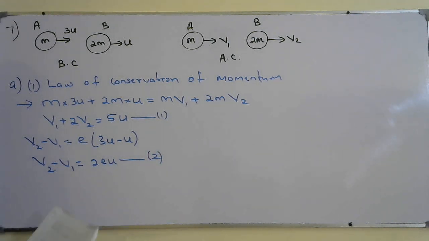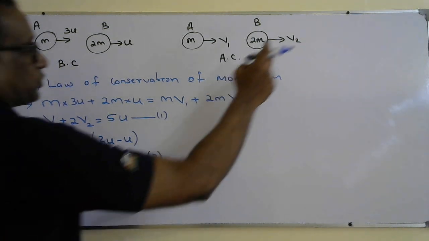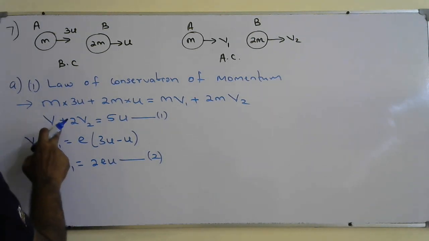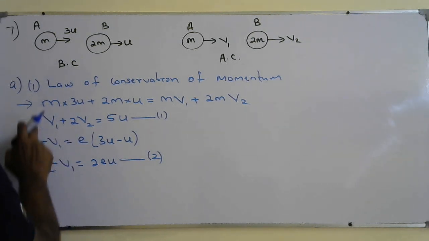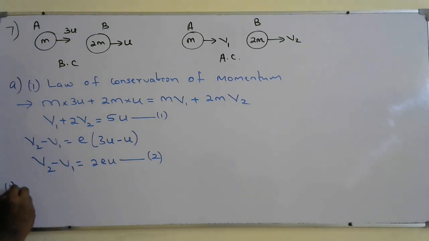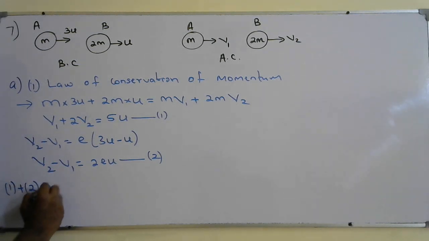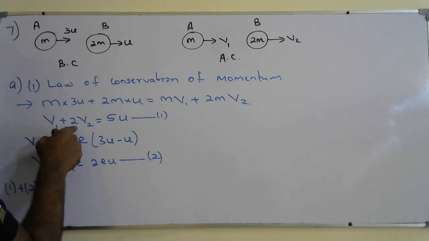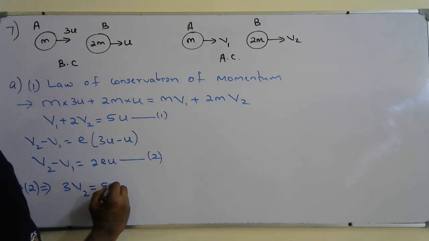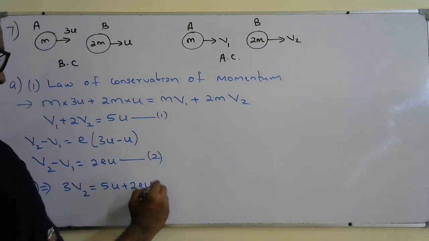So we need to find, first part, show that the speed of B, that is I need to find v2. So first equation v1 plus 2v2, and v2 minus v1, add the two equations, v1 will get cancelled. So 2v2 plus v2 will become 3v2 is equal to 5u plus 2eu.